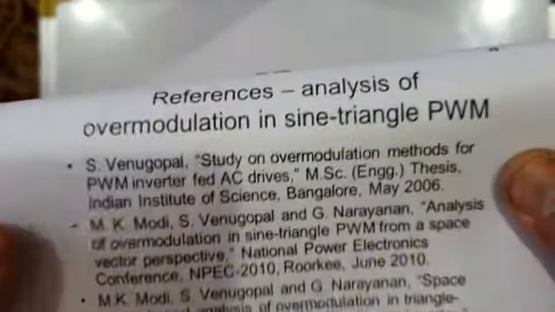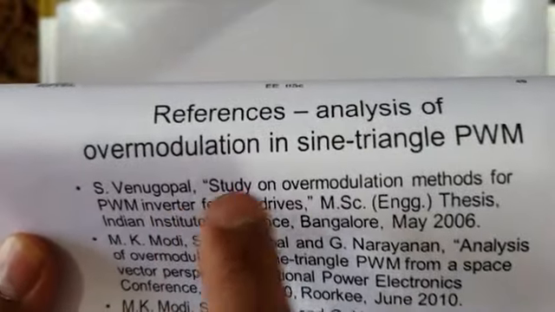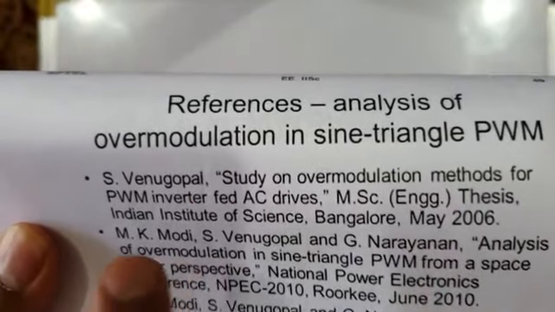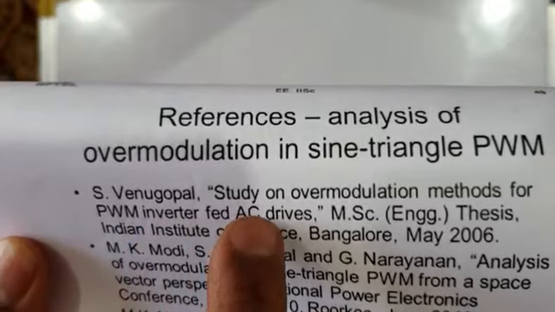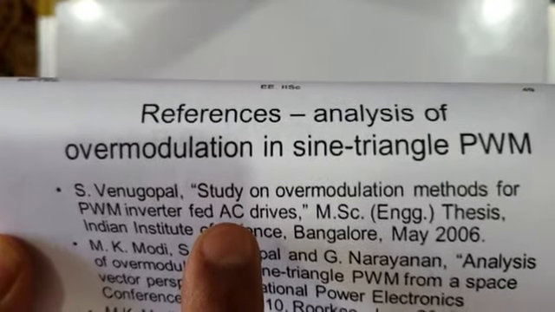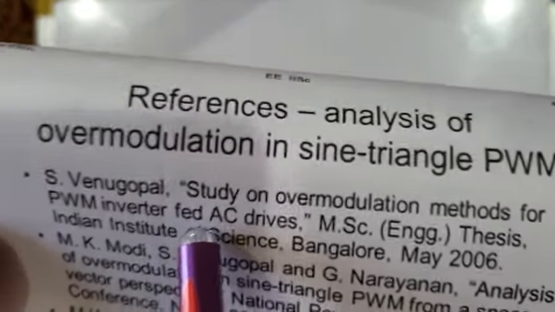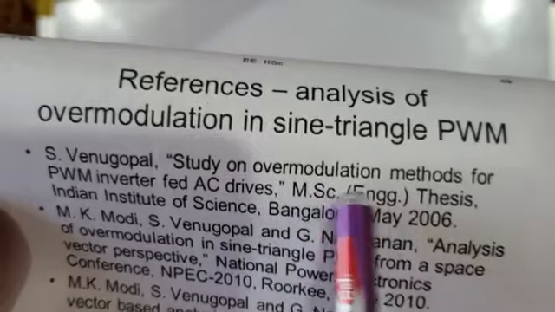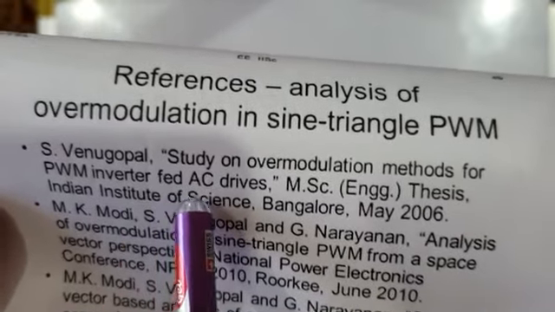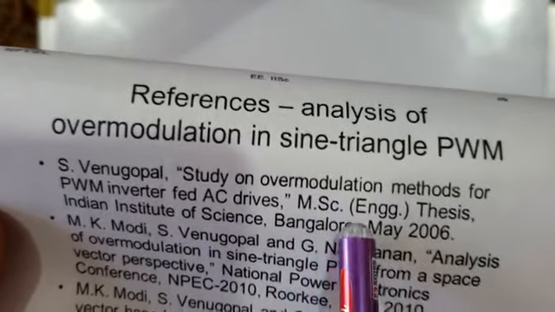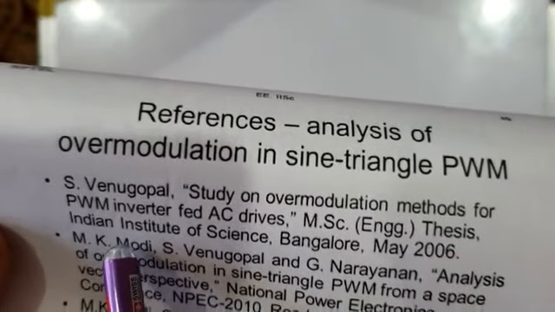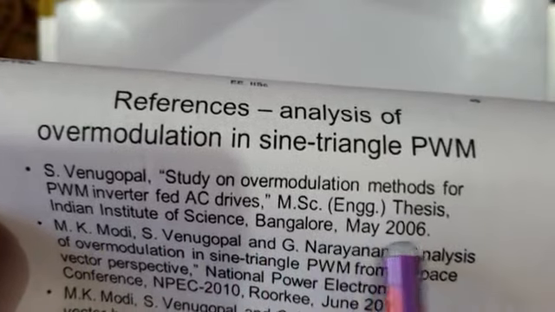These references are on analysis of over-modulation in sine triangle PWM. The first reference is by S. Venugopal, and the title is Study on Over-modulation Methods for PWM Inverter Fed AC Drives, an MSc Engineering thesis from the Indian Institute of Science, Bangalore, May 2006.